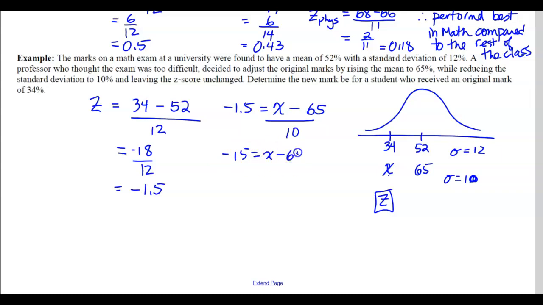So voila, x is 50. So that's how you use z-scores to compare the same test, same situation, in two different means and standard deviations.